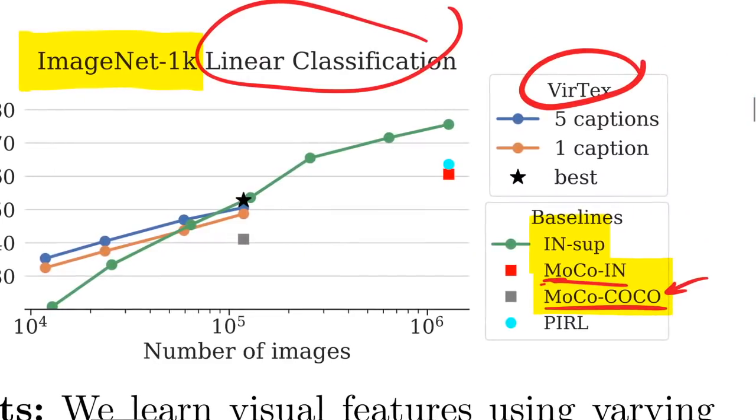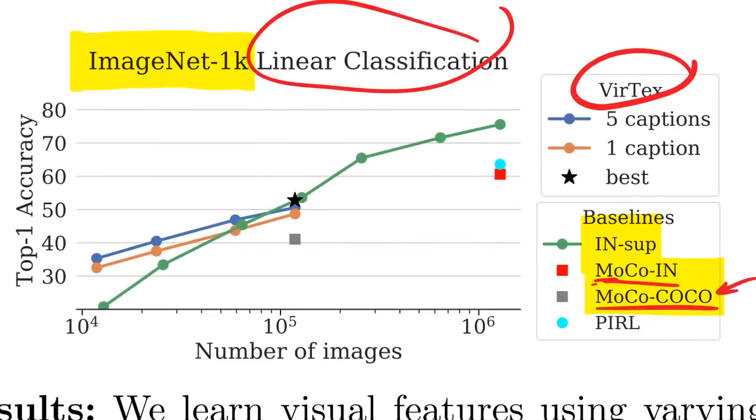Now the transfer learning task is actually ImageNet. So naturally, the thing that was pre-trained in a supervised fashion on ImageNet is going to have a huge advantage in this task, because it basically has already learned the task beforehand. Whereas VirTex has pre-trained on COCO, not on ImageNet.